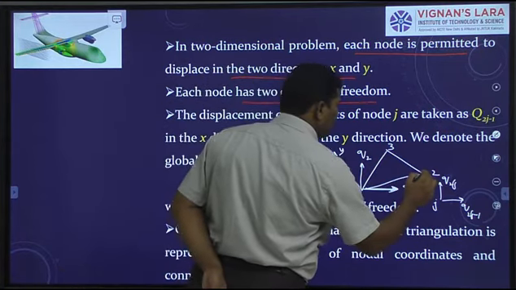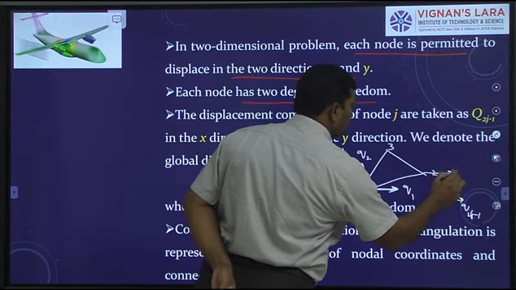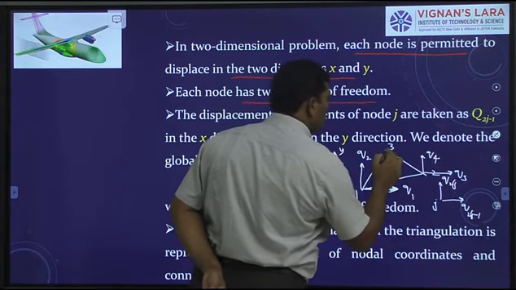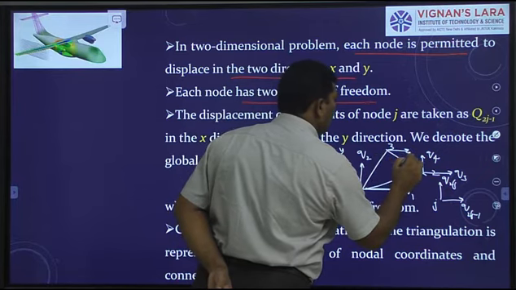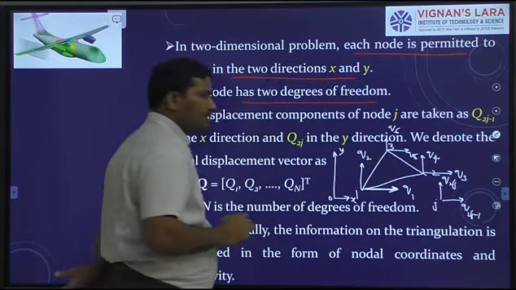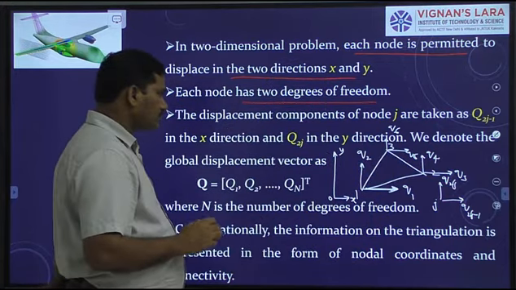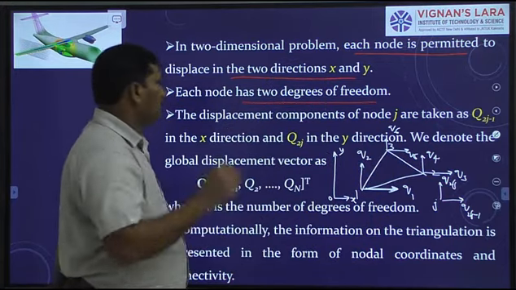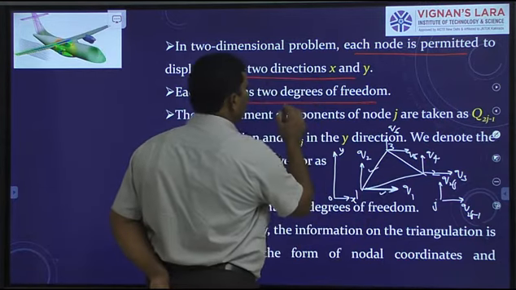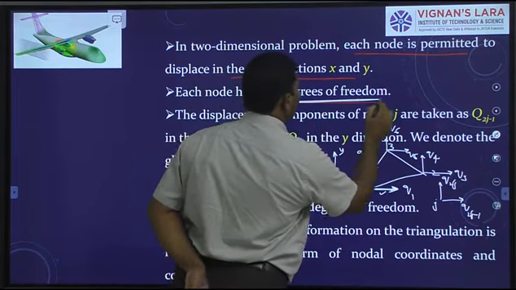Therefore, for node 2, what are the displacements? Q3 and Q4. And for node 3, Q5 and Q6. This is how one can represent the nodal displacements in an element. Each node therefore has how many degrees of freedom? 2 degrees of freedom.